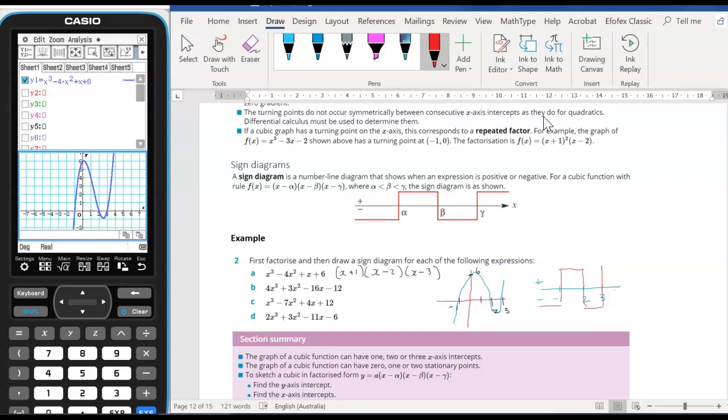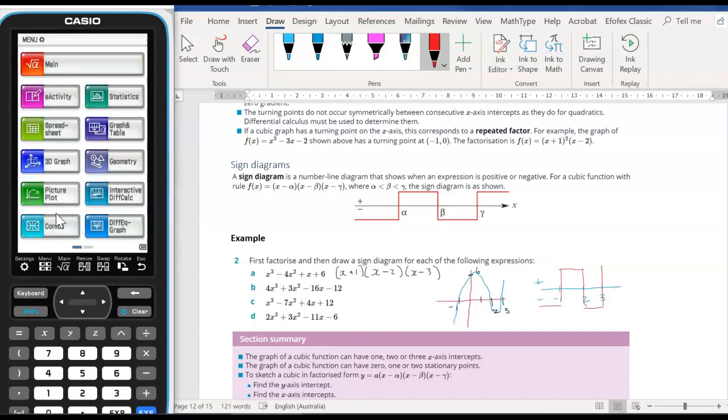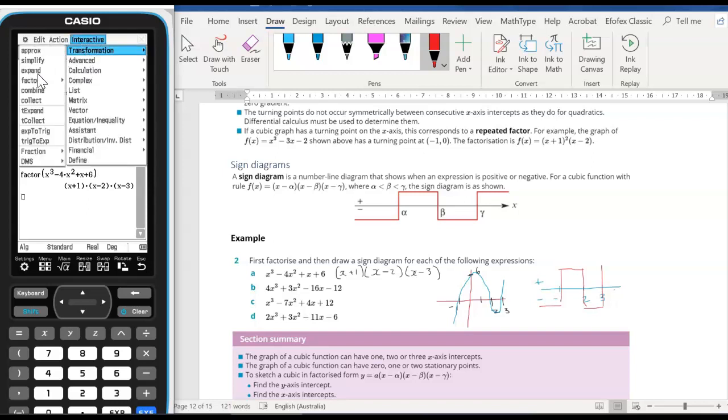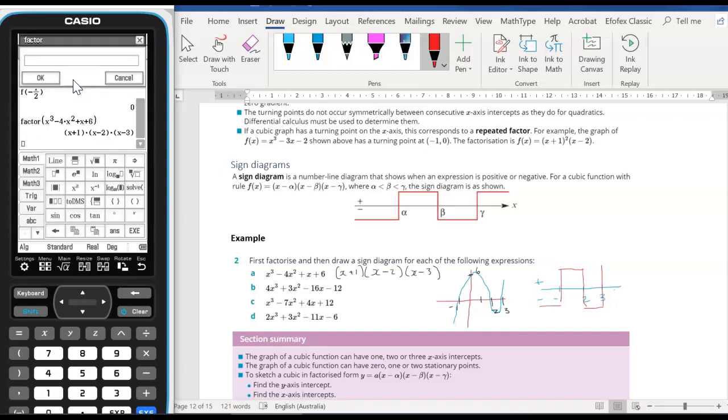So you can try factorizing these by hand if you like, or just use your calculator. If I just go back to our main screen, just to show you how to factorize again on your calculator: interactive, transformation, factor. And then just type the expression up there.